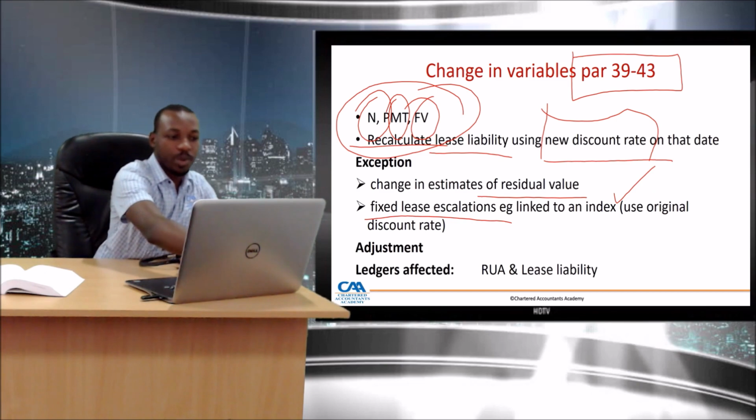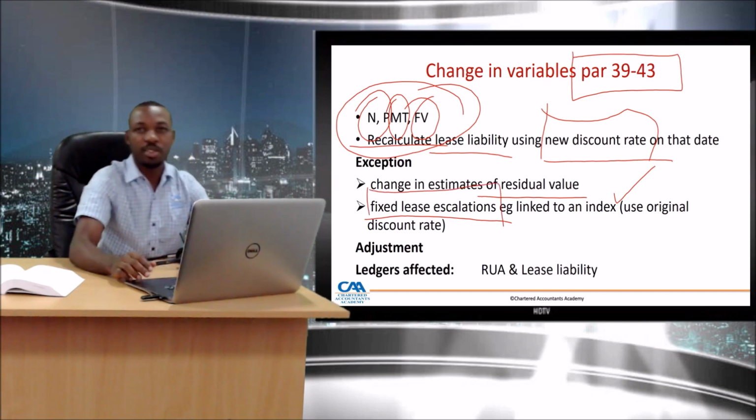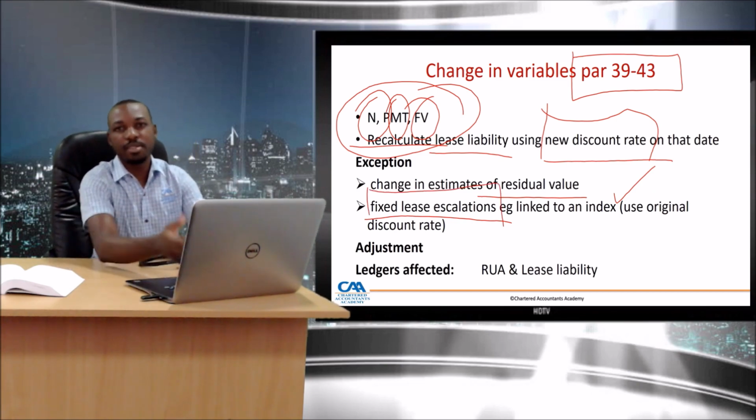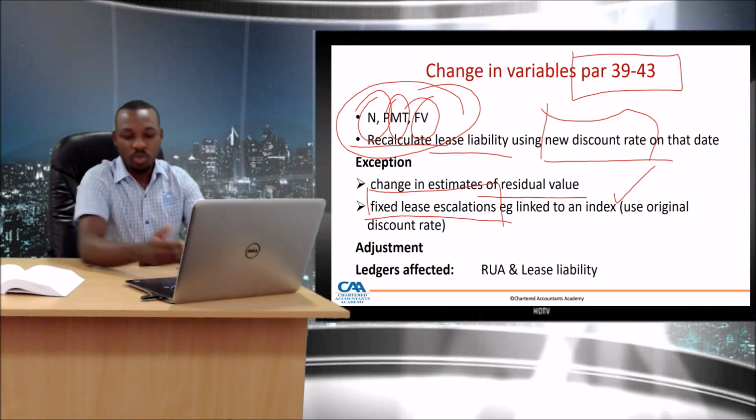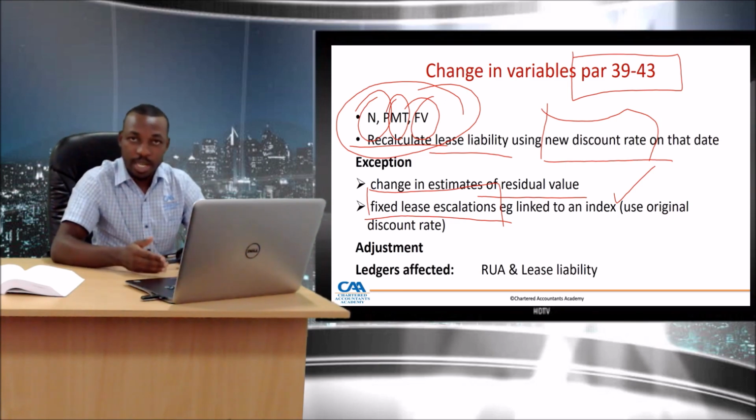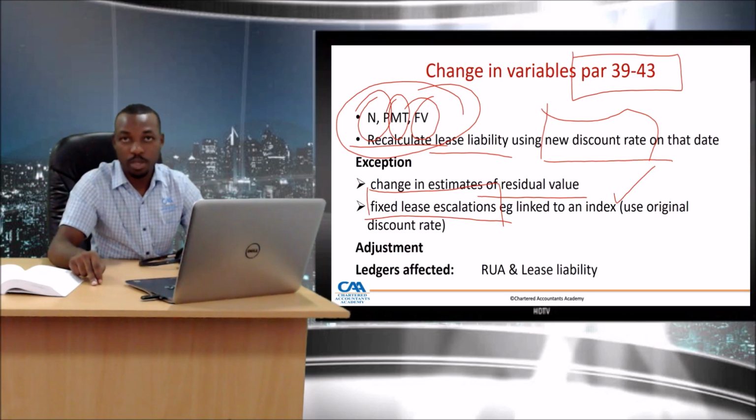So usually we find the fixed lease escalations would have been stated in the contract from the inception. So we already knew from the day one that we got into the lease contract that the lease payments are going to vary, and they will vary based on the inflation rate.